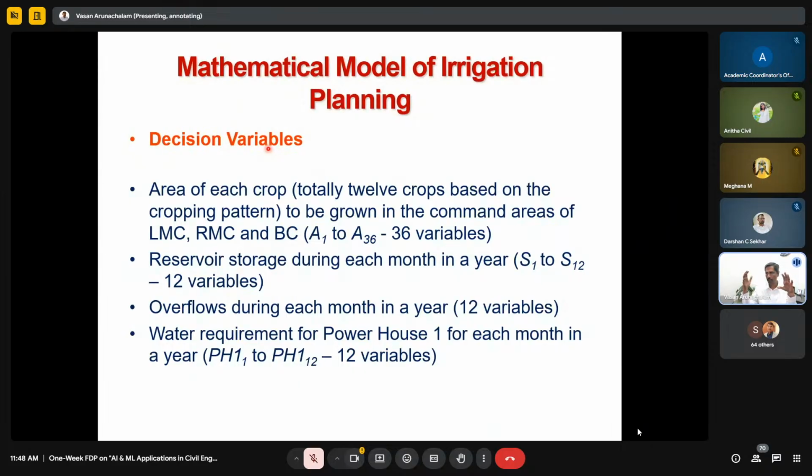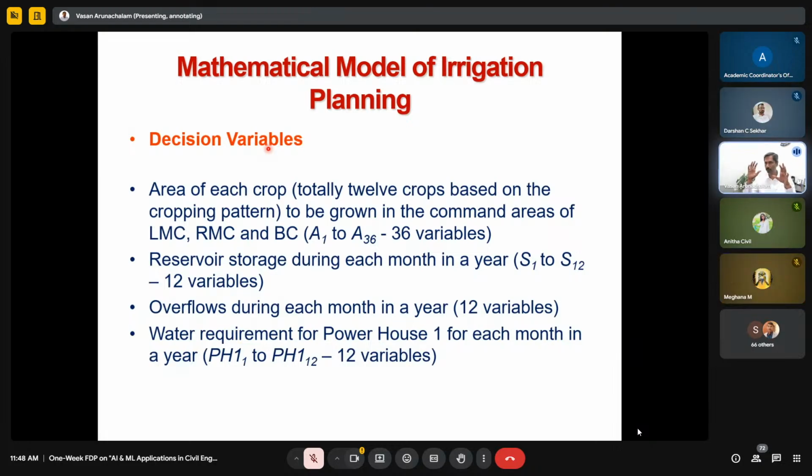We said that we will tell the model to decide on its own how much area we will have to grow, and then we will decide how it is going to be appropriate. So 12 crops for each of these canals amounts to 36 variables.